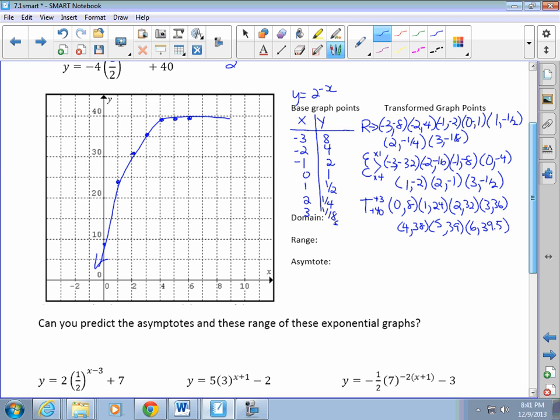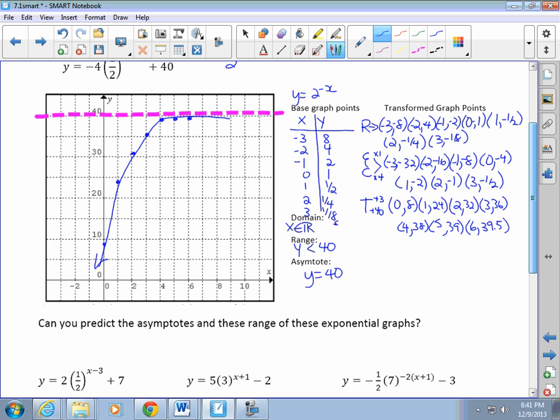My asymptote then, it's getting close to that 40 value, but it's not crossing it. So my domain, x is an element of real numbers. My range, it's everything. Whoops, I went the wrong way here. Because of that translation, it's not greater than 40, it's less than 40, and my asymptote is at 40.